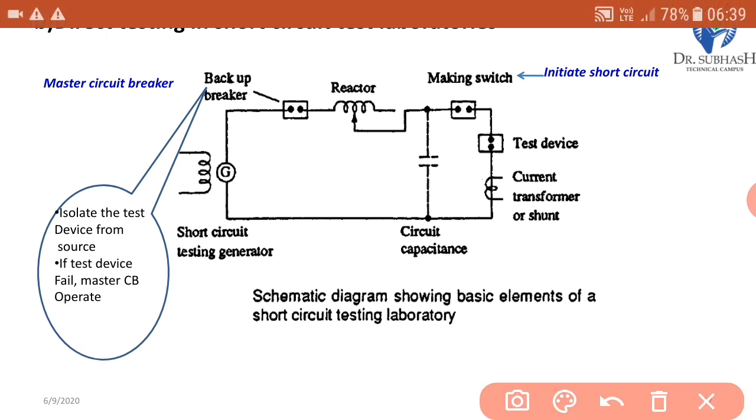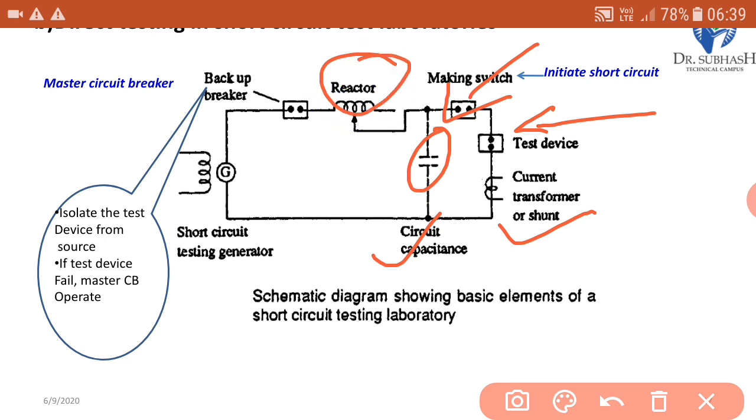This is the setup for direct testing in short circuit test laboratories. Here we can see different types of components. This is the test device. This is current transformer or shunt. This one is the circuit capacitance. This one is the making switch, and it will initiate the short circuit.